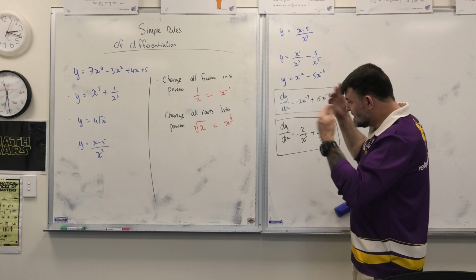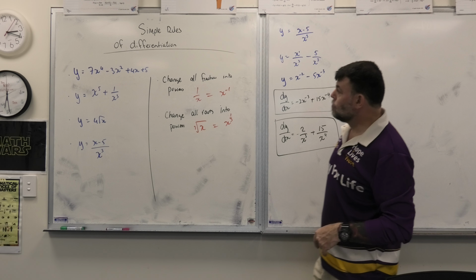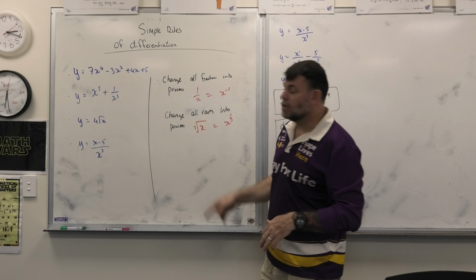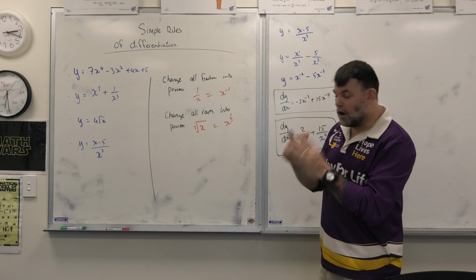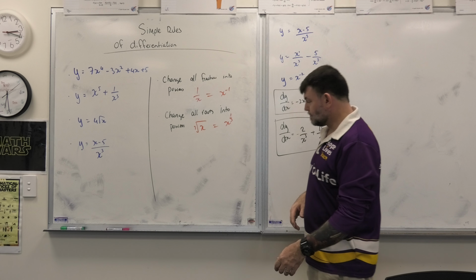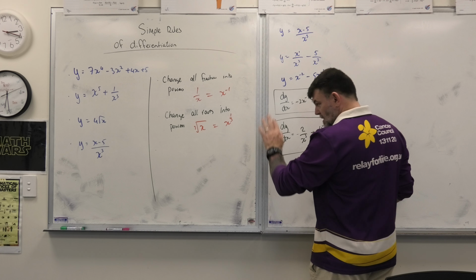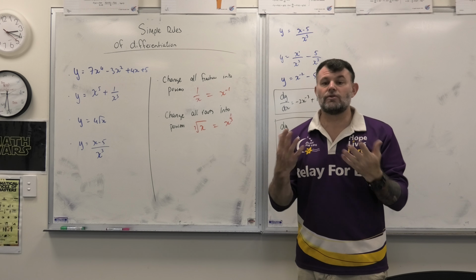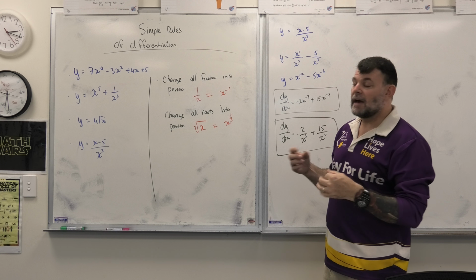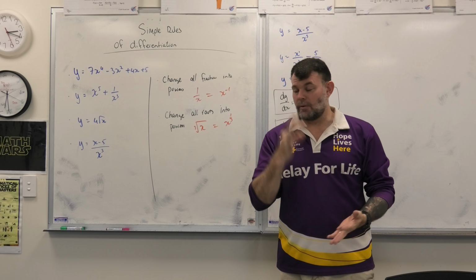After I've done that, I then start working through the simple rules of differentiation. Times, subtract. Times, subtract. The only time that changes in terms of times and subtract is when we start doing integration, okay? Or when we have a constant. The constant becomes a 0, remember?